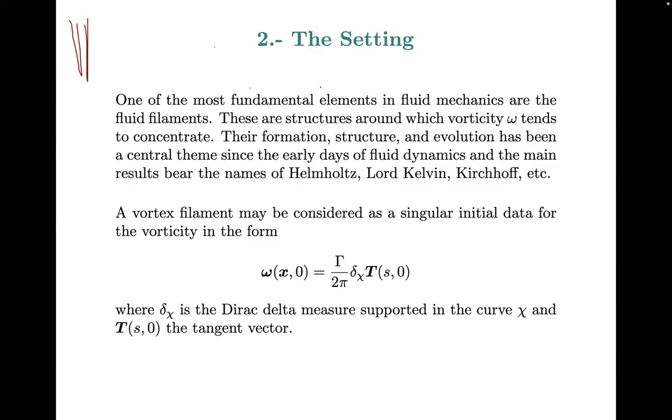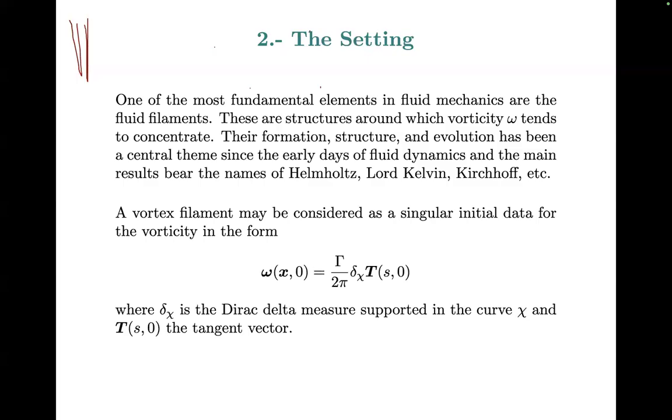So it has to be a vector measure because the vorticity is a vector. The direction is the tangent vector of the curve, and the amplitude of the delta is a number, gamma. So the support of the delta is the curve, the direction is the tangent vector, and the amplitude is what we call the circulation, which is gamma over 2 pi. And of course, eventually I will forget about the 2 pi.